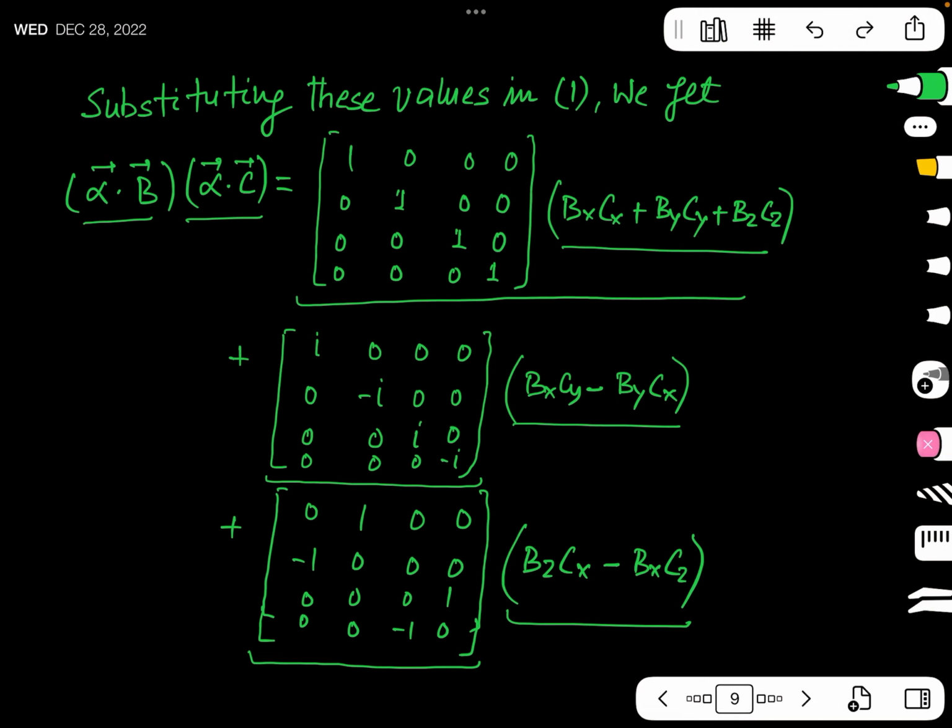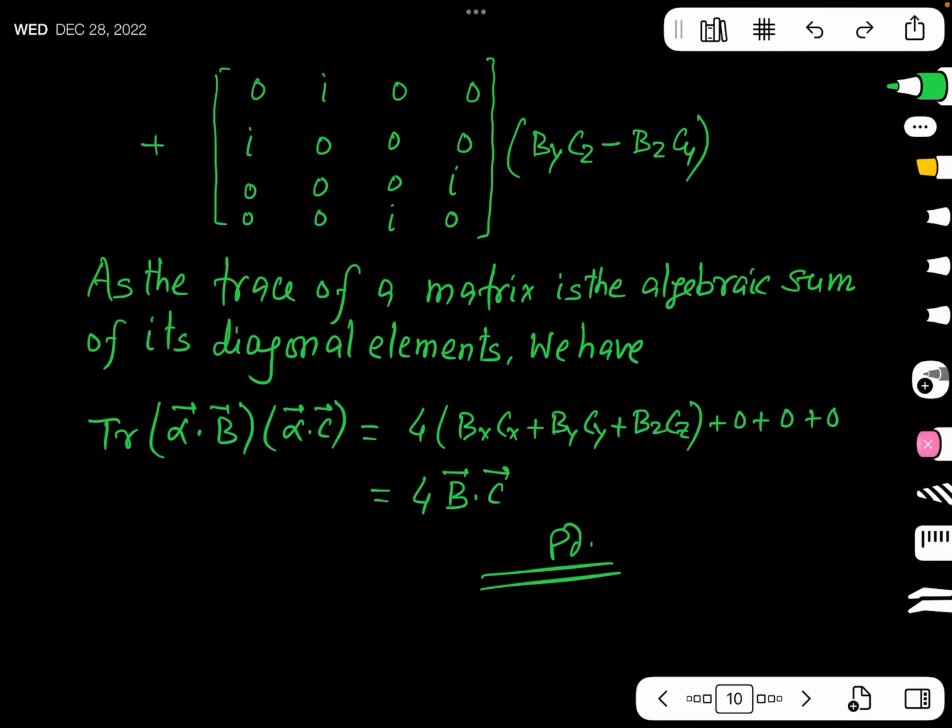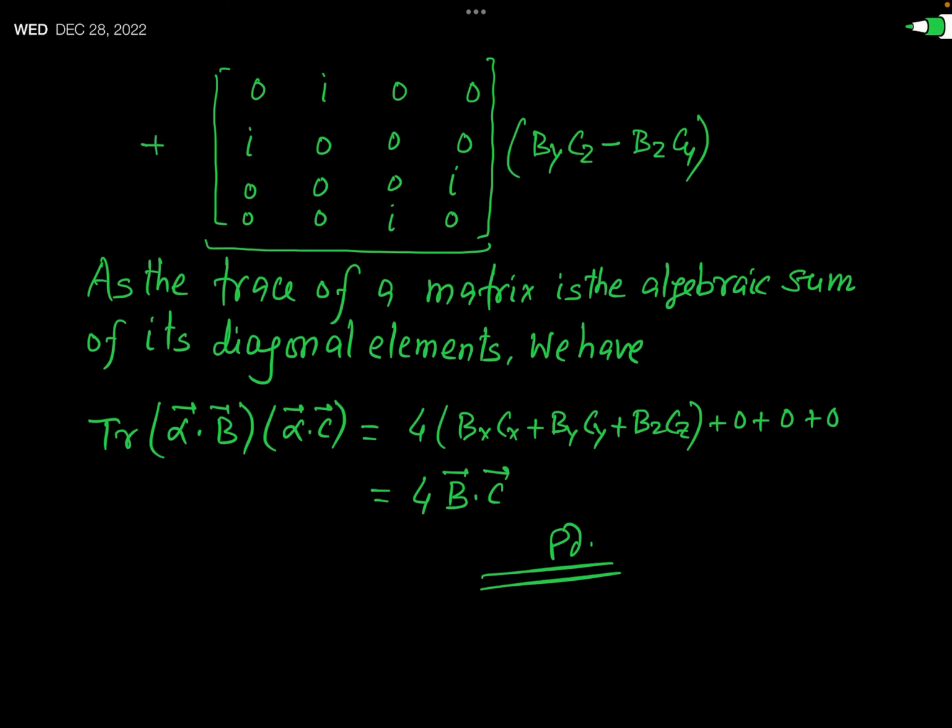And in the last term there is alpha y alpha z, and this matrix represents alpha y alpha z. You have just obtained it, and the multiplicative factor is this.